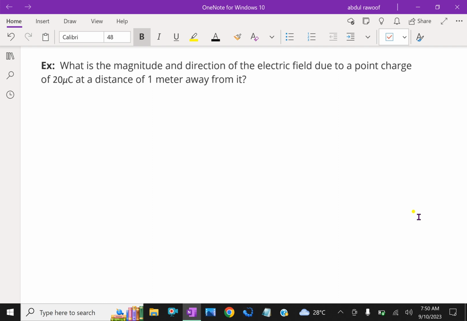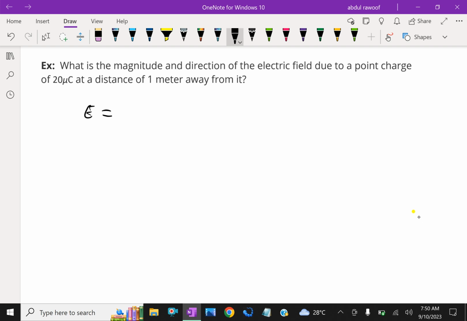Now, we know that electric field E equal to K into Q over R square.